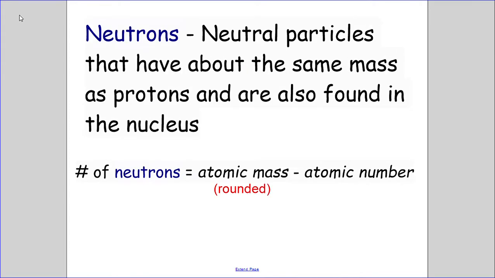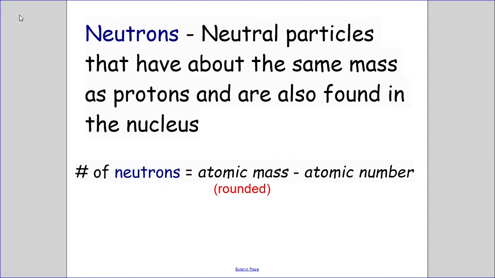If we take a look at neutrons, this is probably the trickier one of the three in terms of calculating, but it's not too bad. They're neutral particles that have about the same mass as protons, and they're also found inside the nucleus. So inside the nucleus we have protons and neutrons. To calculate the number of neutrons, we take the atomic mass, round it, and subtract the atomic number from that.